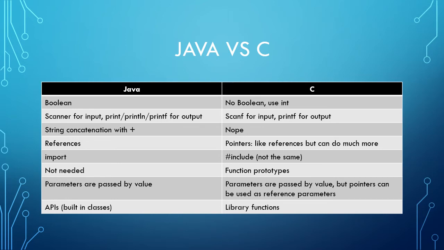So it's similar, but not nearly as robust as what we have in Java. So those are the main differences between Java and C. I'm sure I left something out, but those are the main ones that we're going to notice.